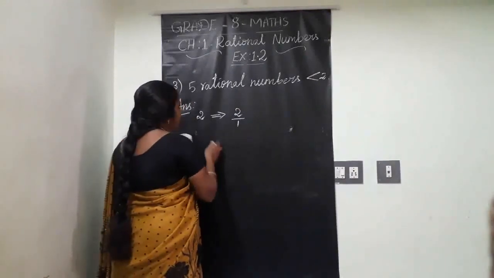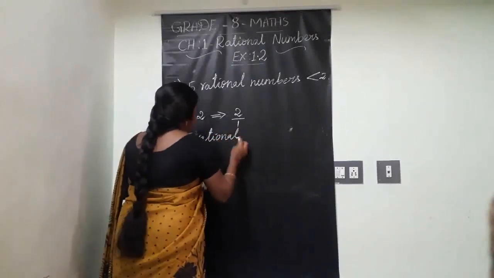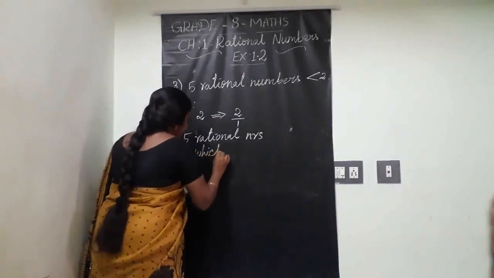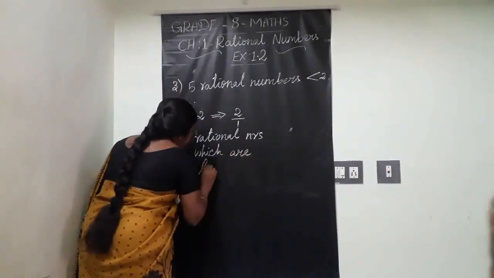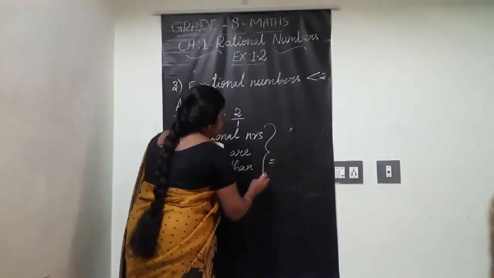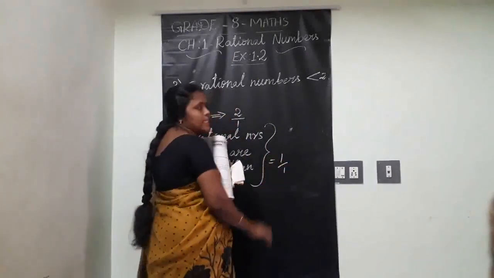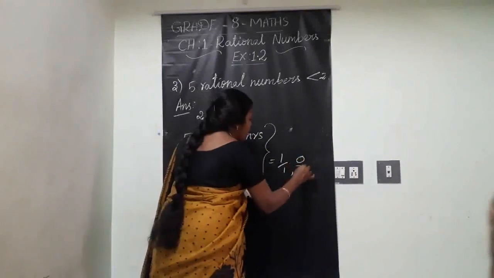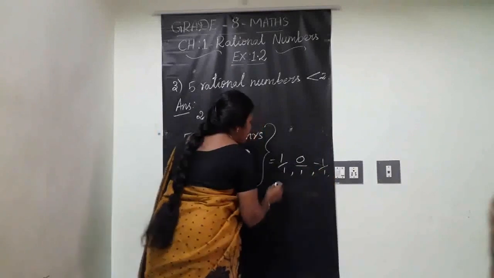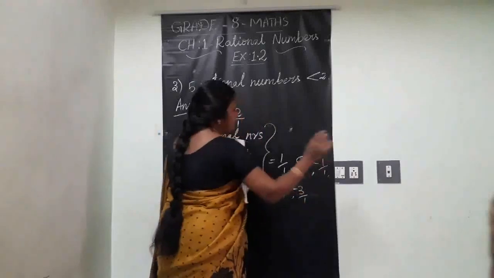Less than that, you can tell 5 rational numbers. 2 less than means 1, 1 by 1. It is also a rational number only. 0 by 1. Yeah. After that, negative side: minus 1 by 1, minus 2 by 1, minus 3 by 1. Like this you can continue.